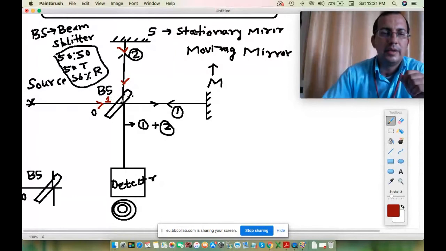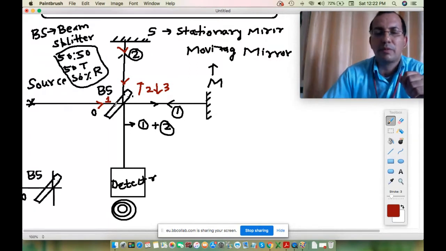So that was the second time, and the third time was when it came back. So the total number of times ray number 2 went through the beam splitter is 3 times.